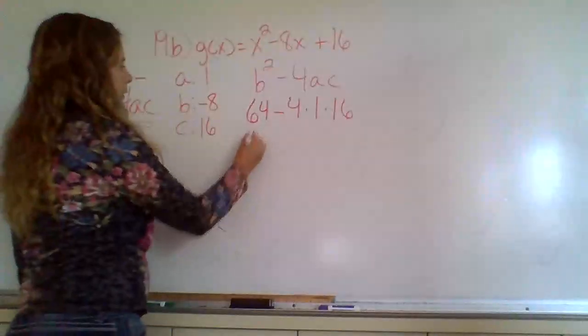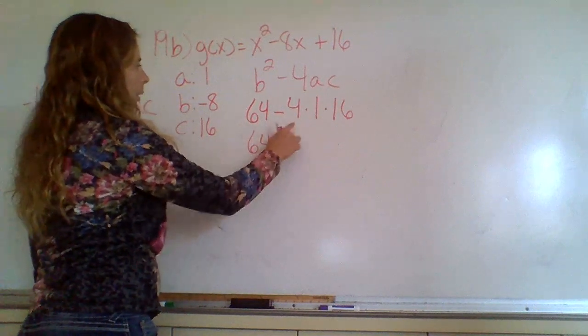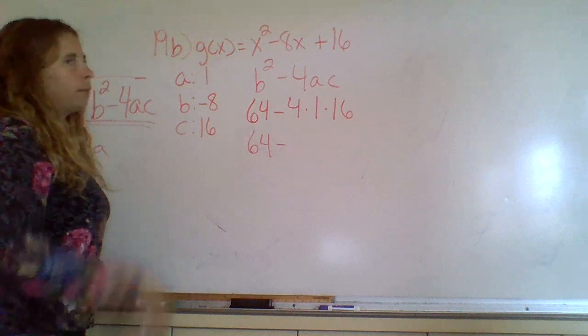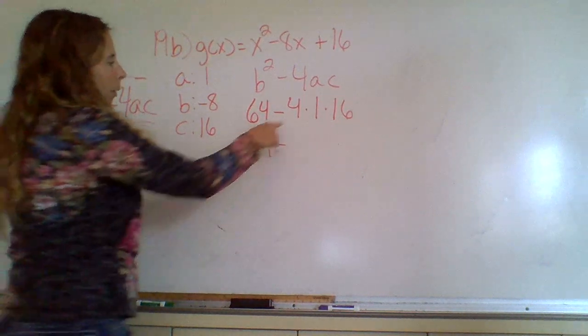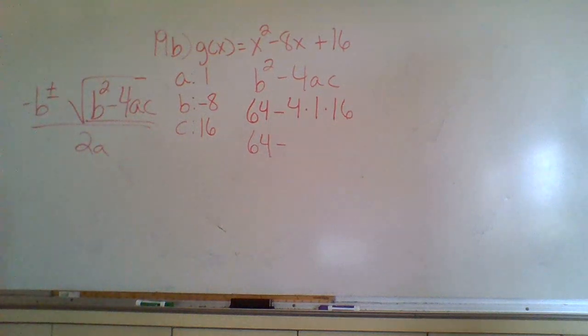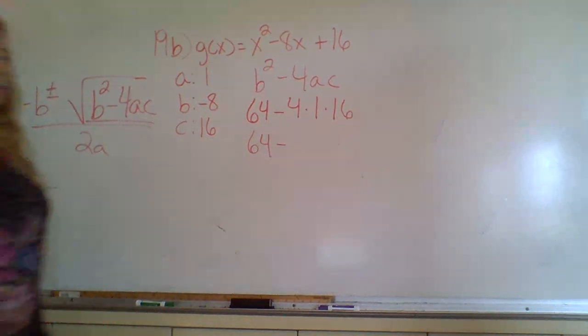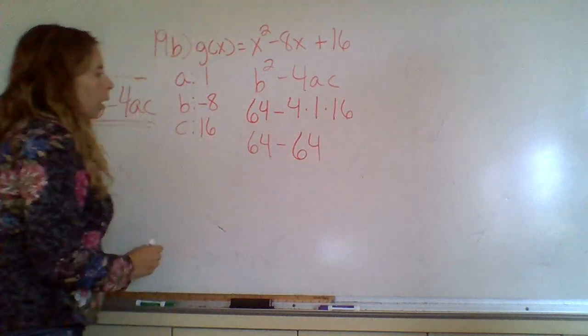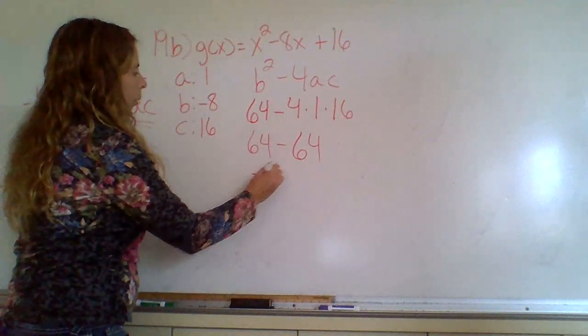So then you have 64 minus, multiply all of these together. So -4 times 1 is -4, and then -4 times 16 is -64. All right, and that is equal to 0.